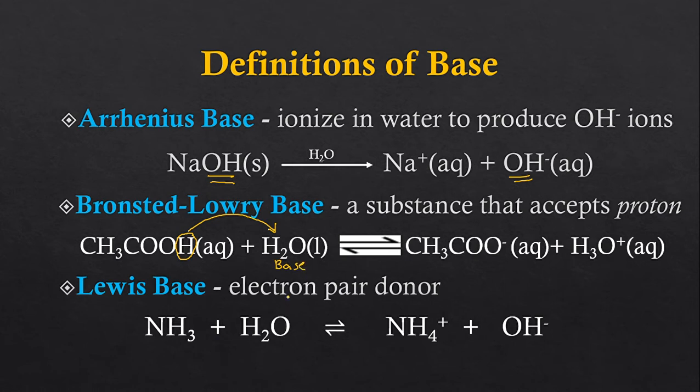Okay? Dito nga lang, ang naipakita kasi natin na yan ay hydronium ion. Okay? Pero itong ammonia, pwede na natin siyang gamitin as an example for Bronsted base.